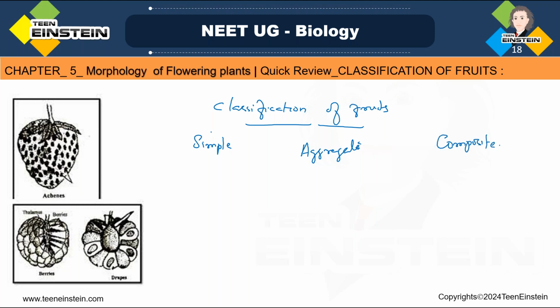Okay, and the simple fruit is produced from one flower, from a monocarpellary or multicarpellary syncarpous ovary. That simple fruit is divided into fleshy fruit and dry fruit, and this dry fruit itself is divided into indehiscent, dehiscent, and schizocarpic fruit.